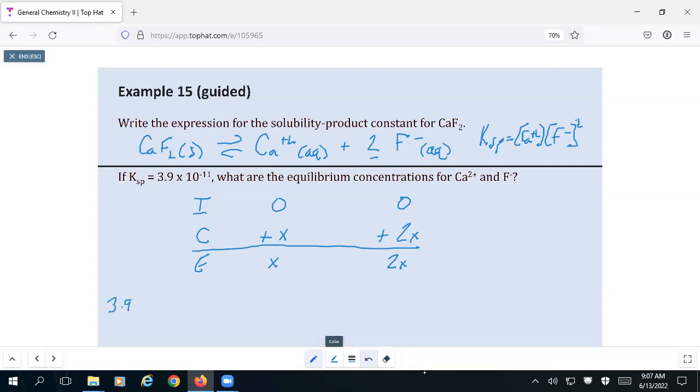Using my KSP expression, 3.9 times 10 to the negative 11th is equal to x times 2x quantity squared, which is x times 4x squared, which would be 4x cubed.